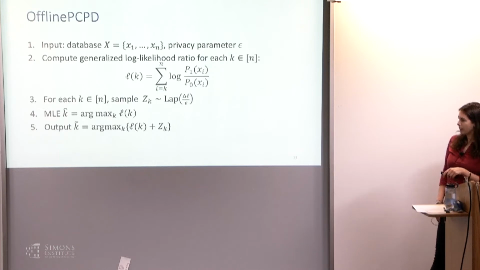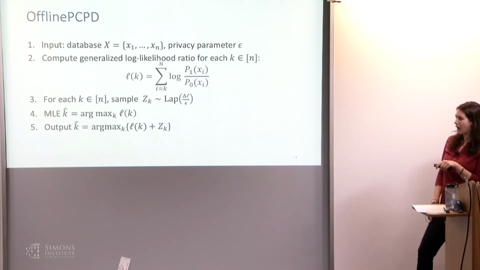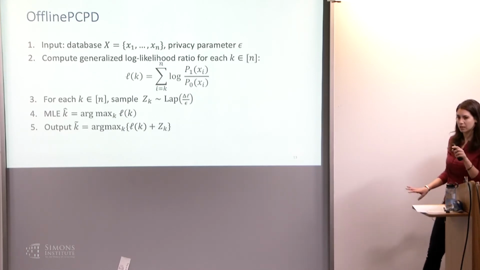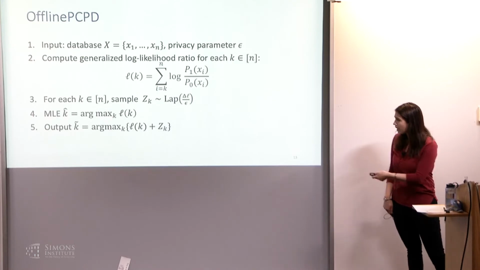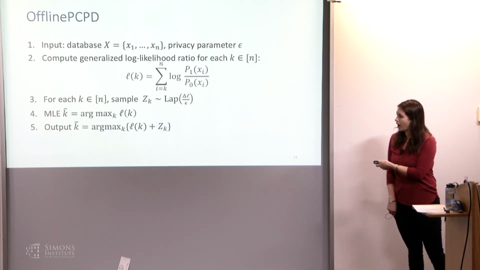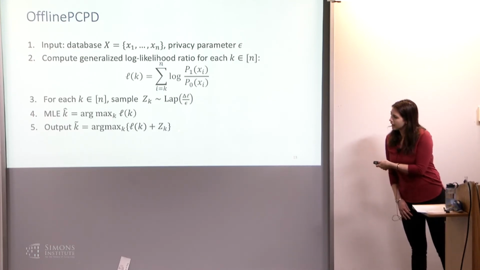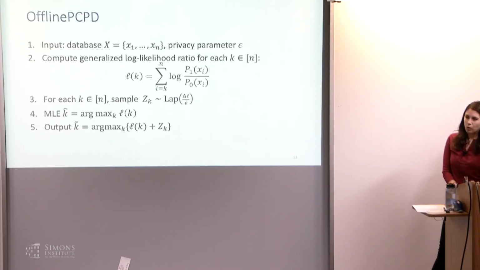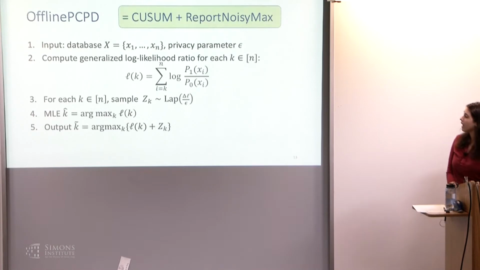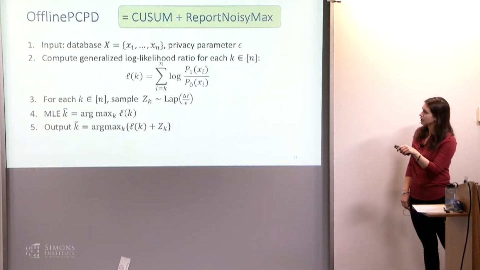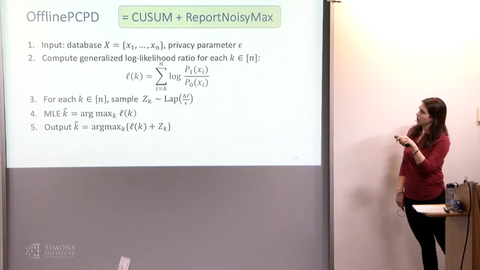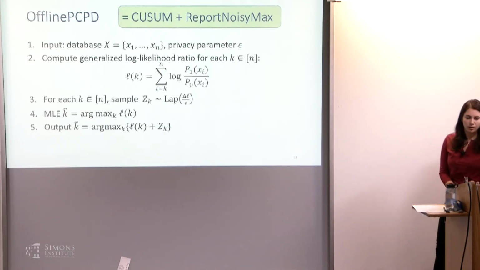Obviously, if you care about privacy, don't actually output this, but it highlights that you can still recover the same non-private estimator if you want. And then you're going to output k n tilde, which is the noisy argmax. So really, this is basically the Q-sum plus this same private algorithm.